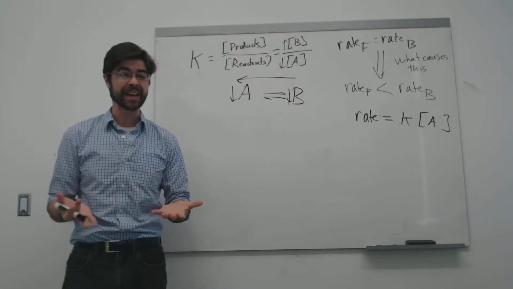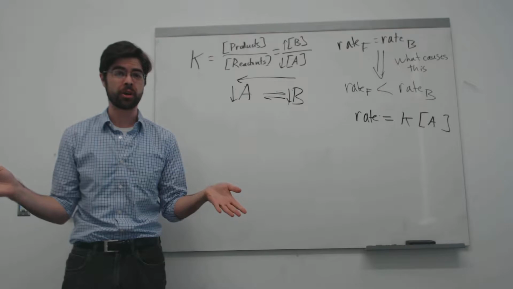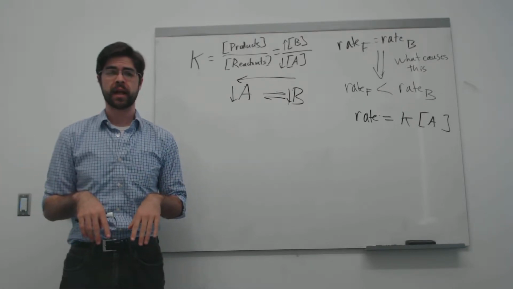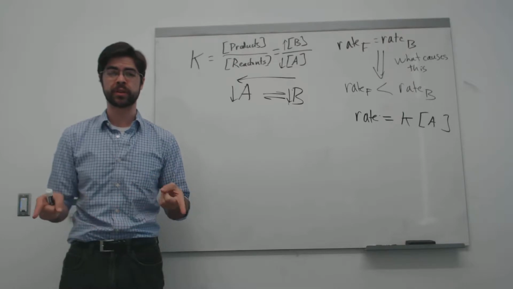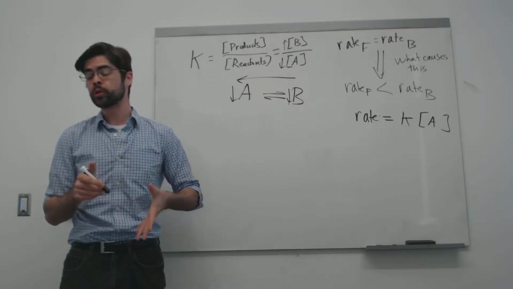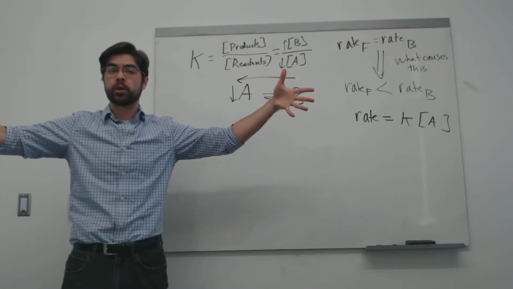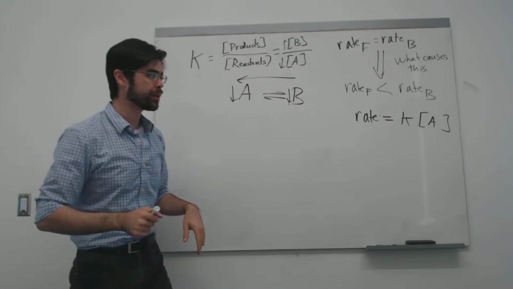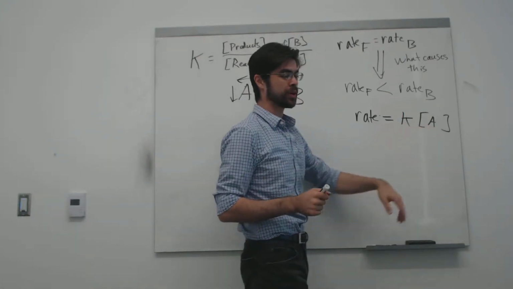You can also dilute it by just increasing the volume. So you add solvent, and that will change the concentrations. If you're dealing with a gas, you can increase the pressure in some way, or you can expand the system. Again, you're lowering the pressure when you expand the volume of it. So all of those will in some way change the concentration.